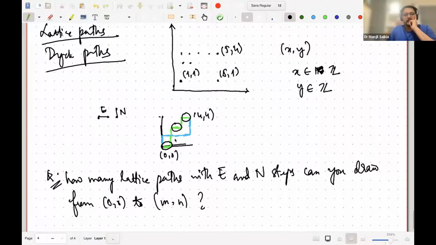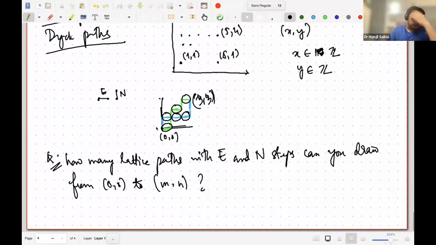And again, if you look at the blue line, you have 1 E step, 1 E step, and 1 E step. So there are 3 E steps in the blue line as well as 3 E steps in the green line. I made a mistake actually, this is the point (3, 3), not (4, 4). Anyway, it doesn't matter. Similarly, if you count the number of north steps in the blue line, it's the same as the number of north steps in the green line.